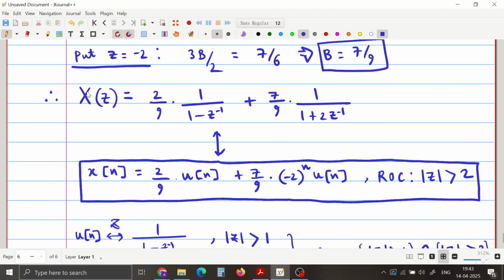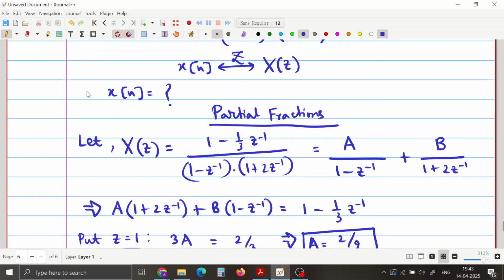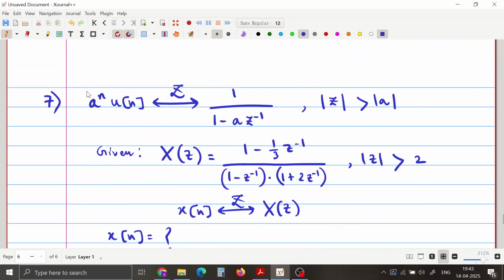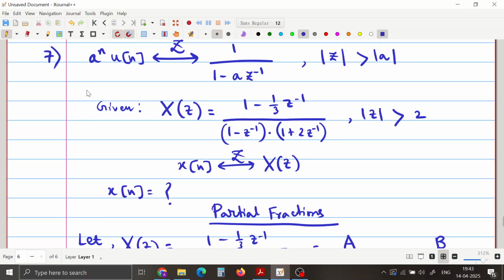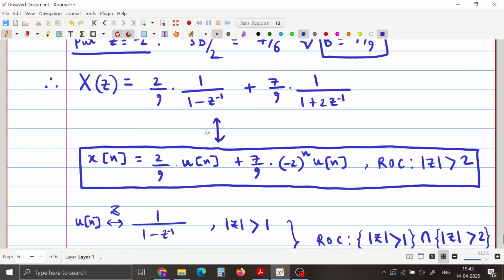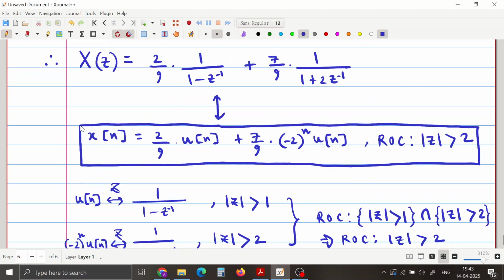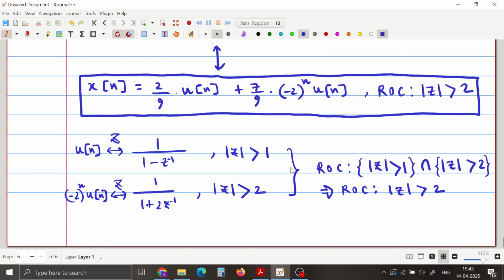And the ROC was already given in the question, that mod z greater than 2, and by using partial fractions we actually verified that indeed that ROC is satisfied.